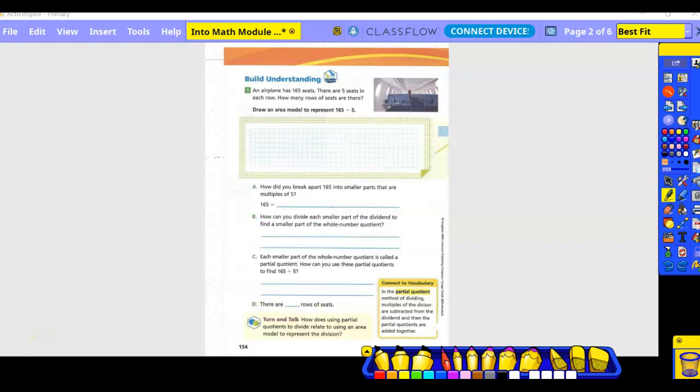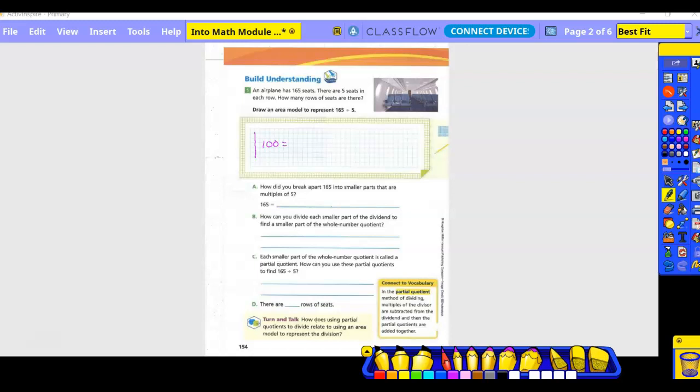An airplane has 165 seats. There are 5 seats in each row. How many rows of seats are there? So we know we're dividing by 5, so we have to go down 5. Like I said, we want to break that 165 into parts. What do we want to first break it into? Could we do 100? Yeah. I'm going to put 100 here because I know I need 100 little cubes there.